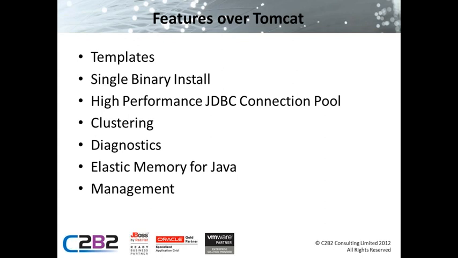You basically create an instance from the clustered template. There's also increased diagnostics, less elastic memory for Java, which we'll talk about, which is an integration of the tcServer JVM with VMware virtualization infrastructure like vSphere. And there's enhanced management tooling.